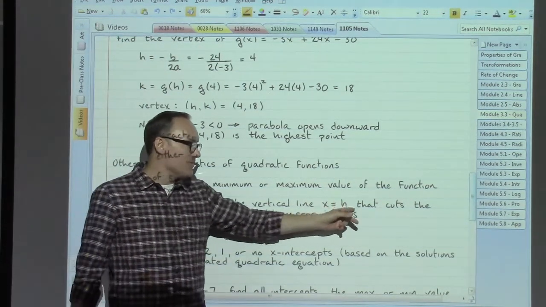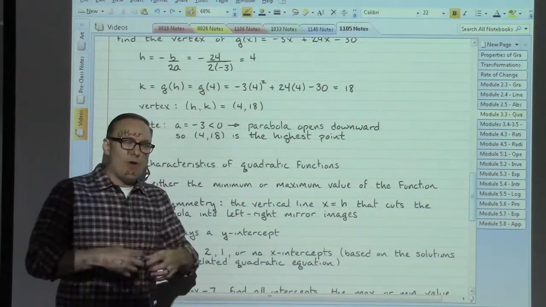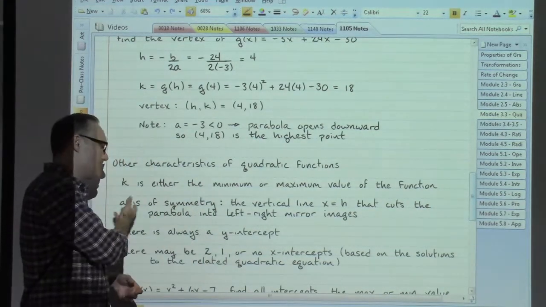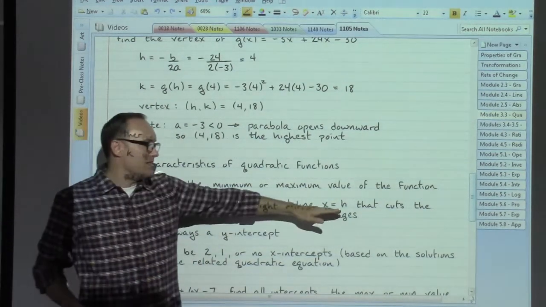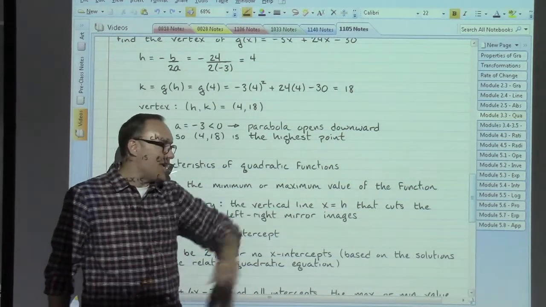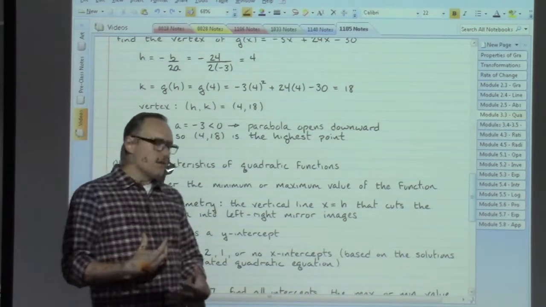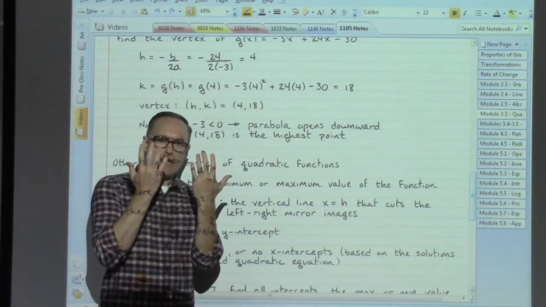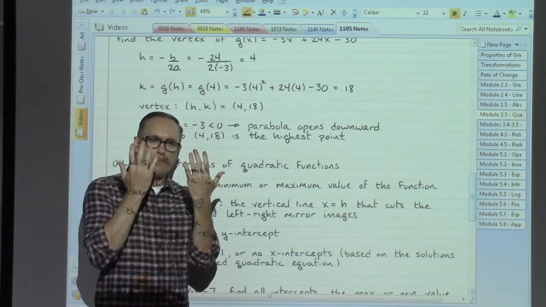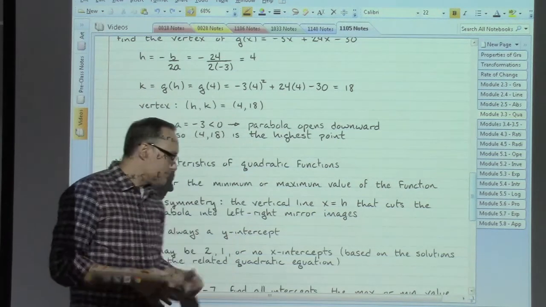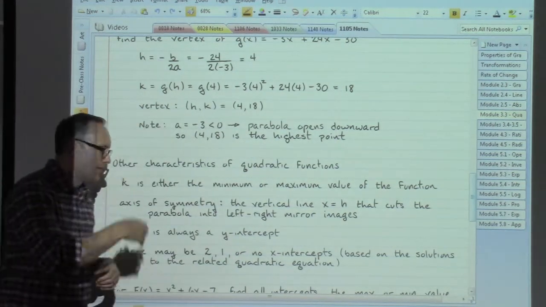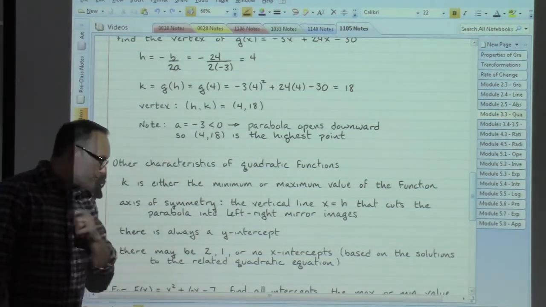So x equals h. H doesn't only help me find the vertex, it also helps me find this axis of symmetry, this vertical line, x equals h. That's going to cut our parabola into mirror images, left versus right. Doesn't matter if it opens up or if it opens down, still cutting things in half, mirror images.